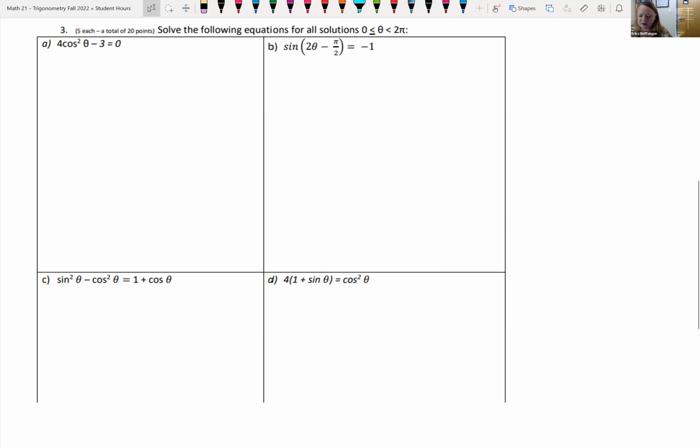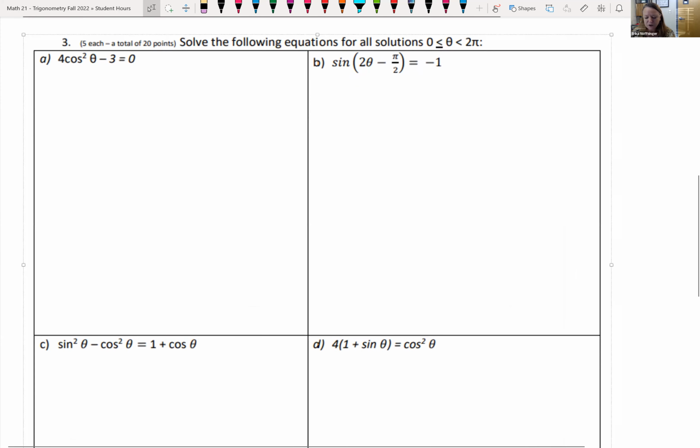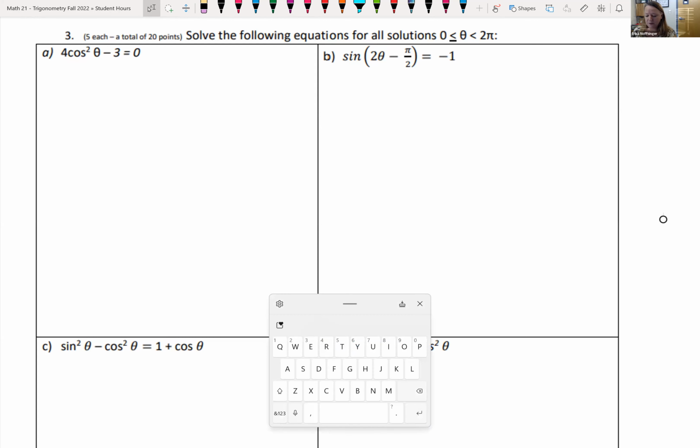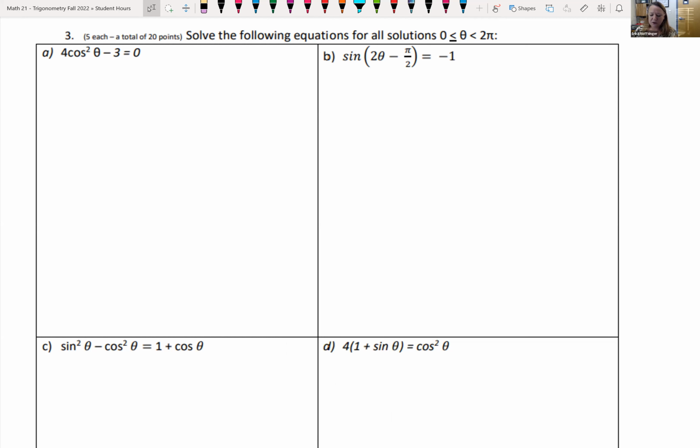Okay, so in front of us, it says solve the following equations, and we want our solutions between 0 and 2 pi. So looking at the first equation in here, you have 4 cosine squared theta minus 3 equals 0. And so when we're dealing with this, I only have one trigonometric function in there, which is good, and only one term with that trigonometric function.